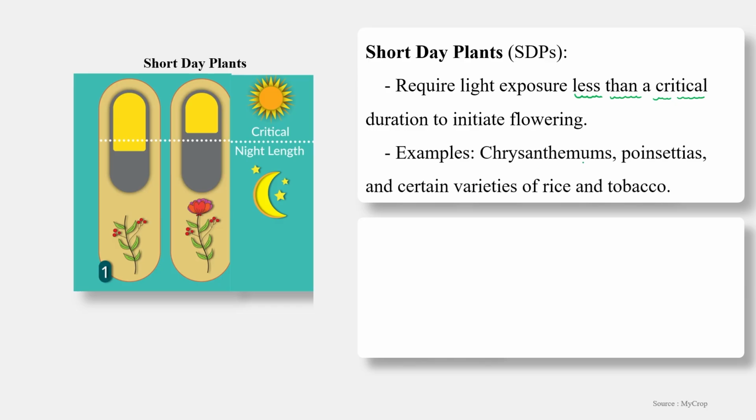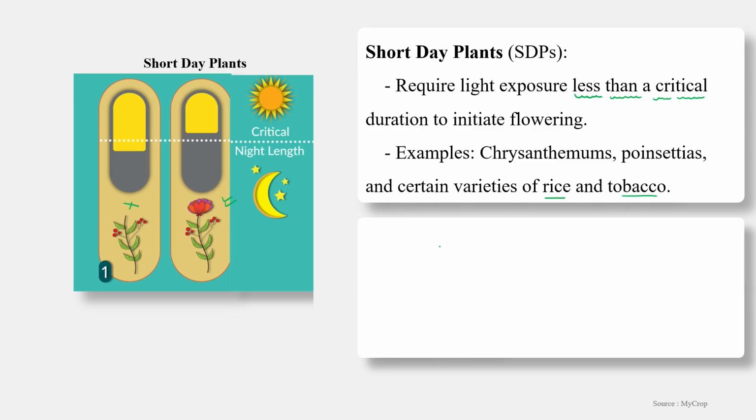Examples: chrysanthemum, poinsettias, and certain varieties of rice and tobacco. As you can see, if light is more than the critical period, there is no flowering. If light is less than the critical period, flowering occurs. So this type of plant comes under the short day plant category.